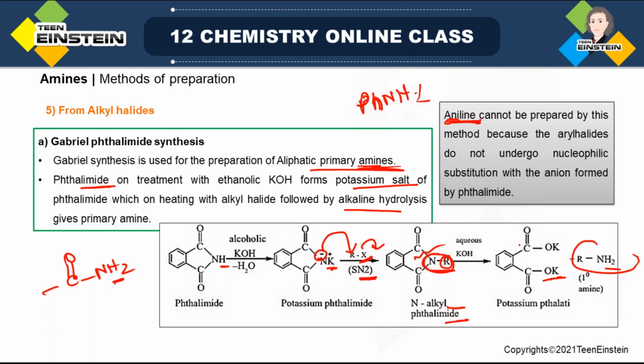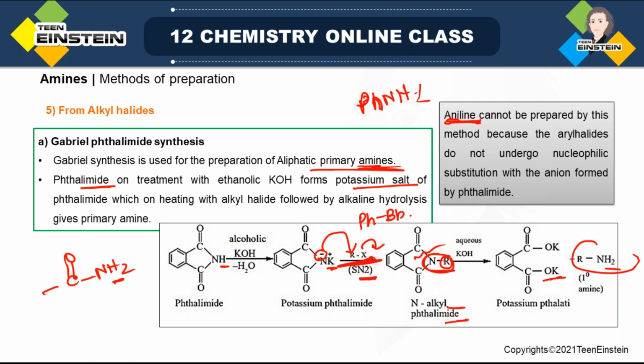But we cannot prepare this aniline by this method because in this case, instead of taking this alkyl halide RX, now you have to take ArX, or better I write, PhX. Suppose you have taken PhBr and you are doing some SN2. But remember, nucleophilic substitution is not so favored for aryl halide.